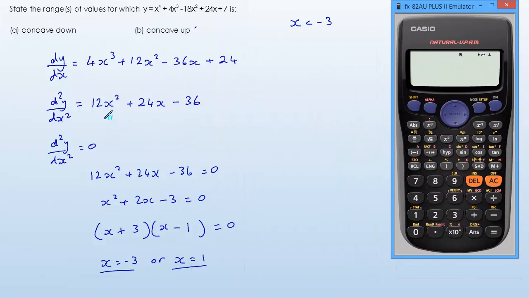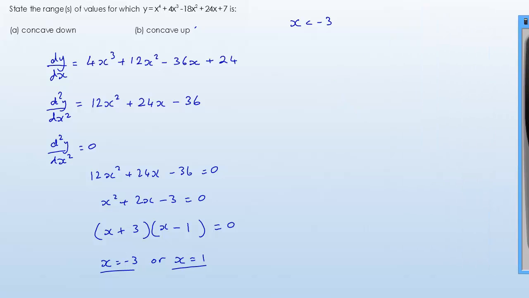So that's going to be 12 multiplied by negative 4 squared, add 24 times negative 4, take away 36, that's 60. So d2y/dx squared is positive.